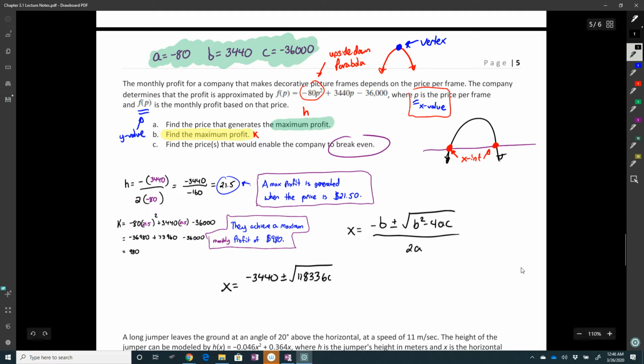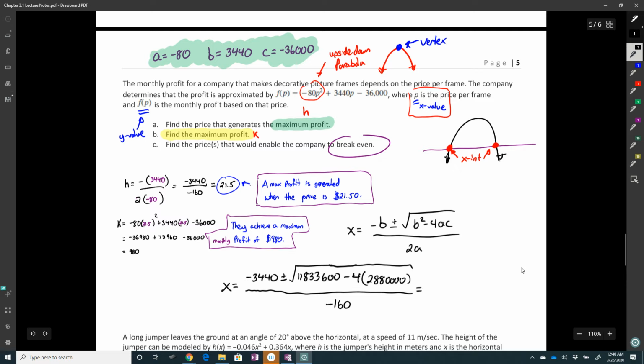A times C is negative 80 times negative 36,000, wow, 2,880,000. Yeah, that's a big number. 288 and then 4 zeros. And then the whole thing divided by 2A. And 2A is just going to be negative 160.